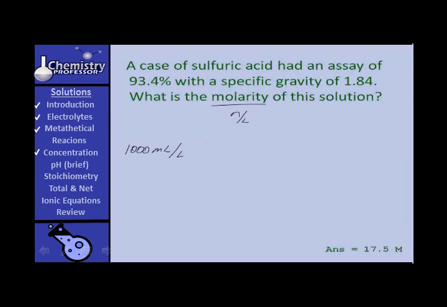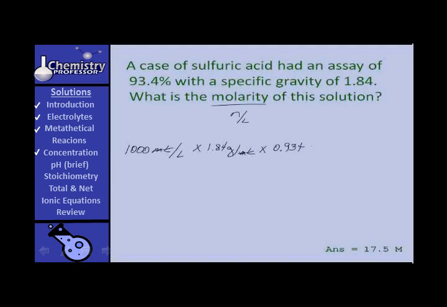I'm going to find the mass of this using the specific gravity, which of course tells me that the density is 1.84 grams per milliliter. And milliliters then will cancel. Now I have the mass of this solution. I need to find the mass of sulfuric acid. And it is 93.4% sulfuric acid, so I multiply it by 0.934.